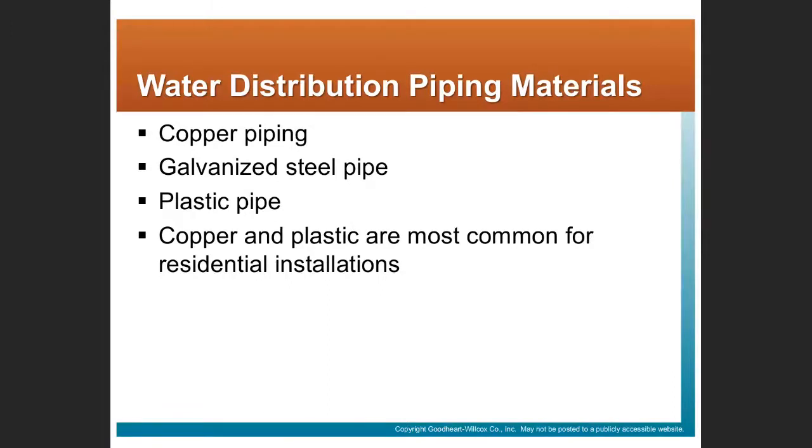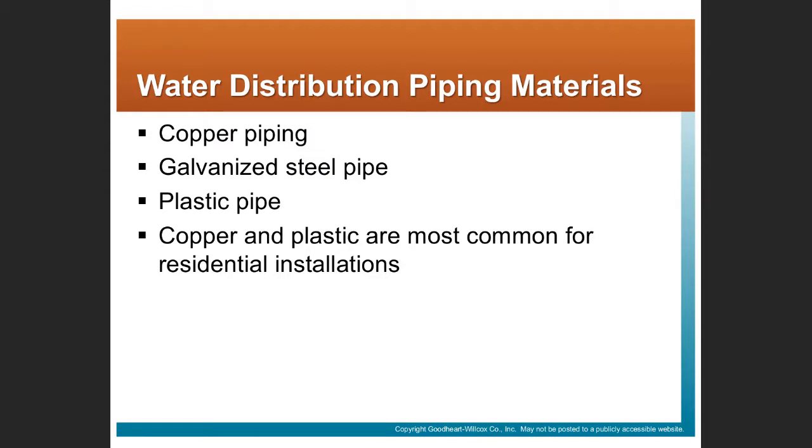So what are some of the materials that we use for water distribution? We can use copper, we can use galvanized steel, or we can use plastic. And the slide says that copper and plastic are most common for residential installations.